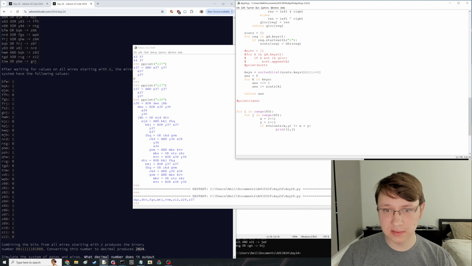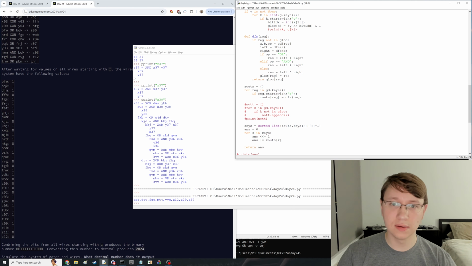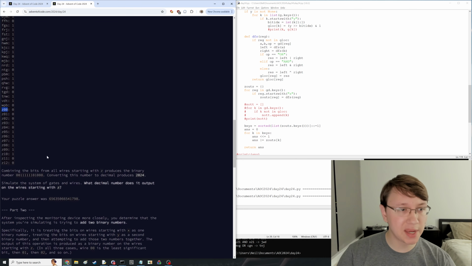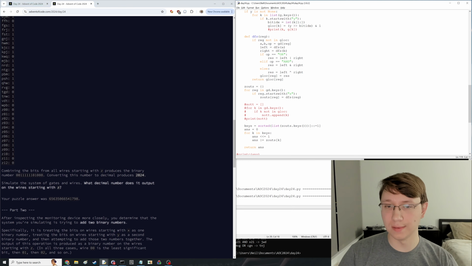Yeah, what is interesting here, not a whole lot. Once you have the output values for every register that starts with Z, I just sorted them. I think it is probably guaranteed that there are no other registers that start with Z that do not have digits at the end. Z00 is the lowest bit of the output that we care about, and Z45 I think was the highest.